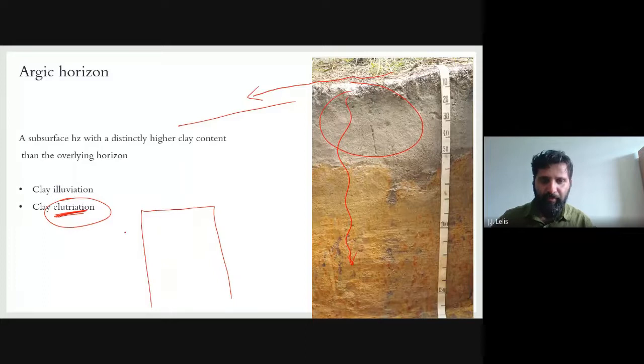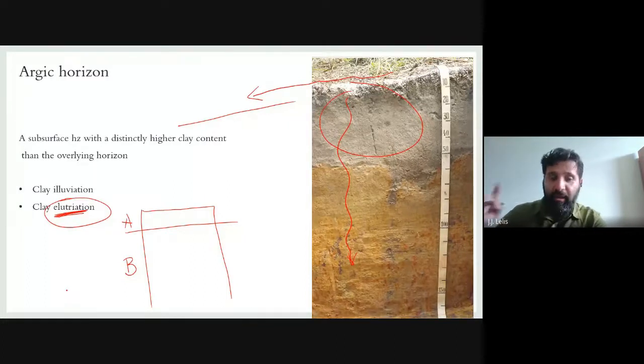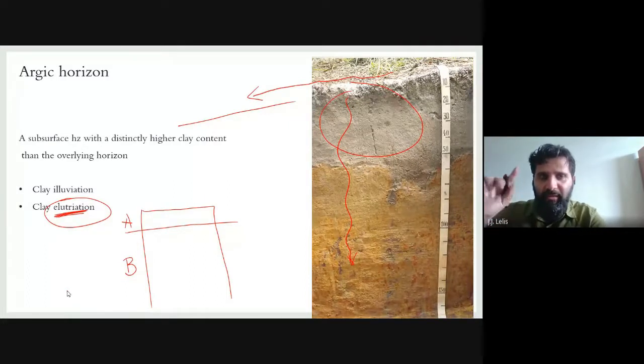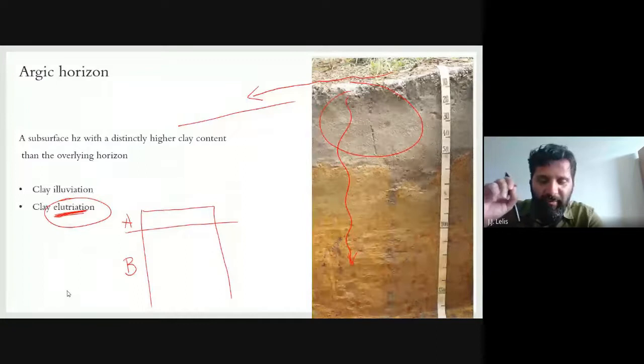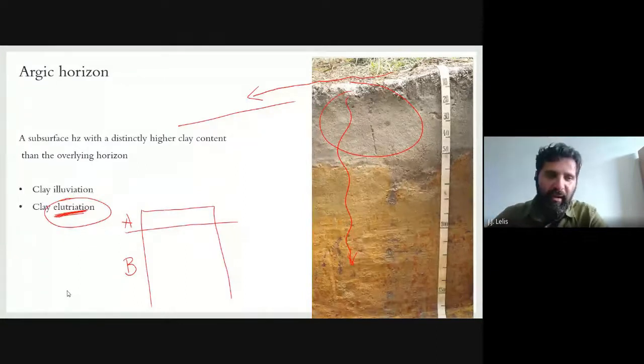Okay, think in this case that we have the A and the B horizon, and in this case we don't have a wet climate but a dry climate. So the rainfall, it's raining only on very few specific days, and it's a lot of water at the same time.